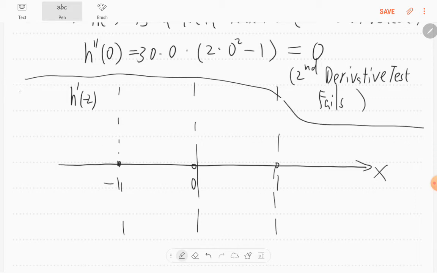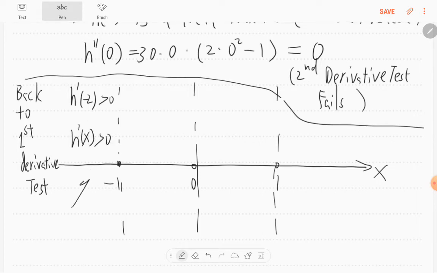So go back to the first derivative test. We plug into the first derivative, and you will see this one is positive, so here the first derivative is positive, so it's increasing.